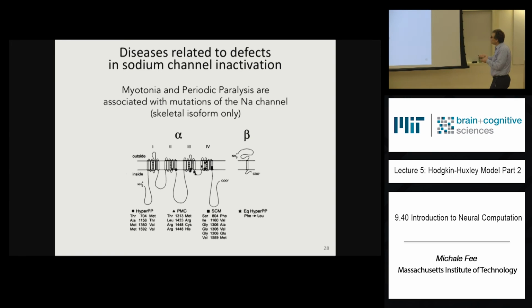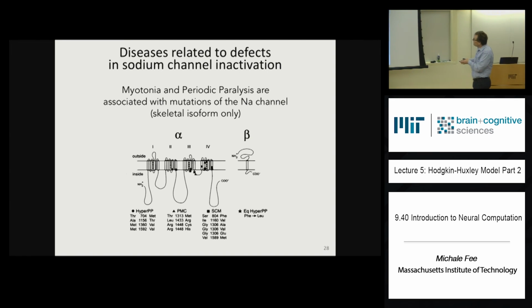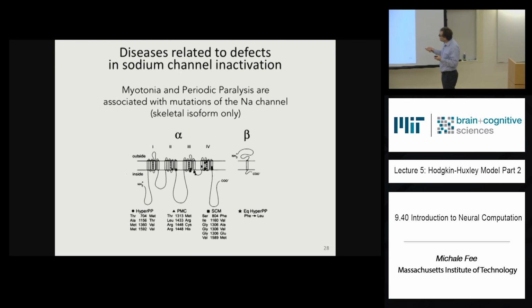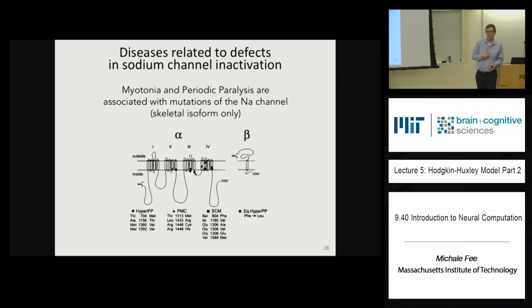Okay? And you can see if you look at the sites of different mutations of the sodium channel that produce defects of inactivation, they tend to be clustered in these cytoplasmic loops of the sodium channel.